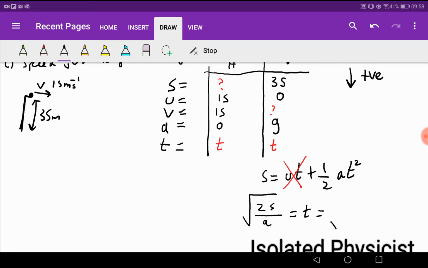So what's that equal in numbers? Well, 2s is 70, a is 9.81. And that's going to give us an answer. So, the answer should be about 2.67 seconds.